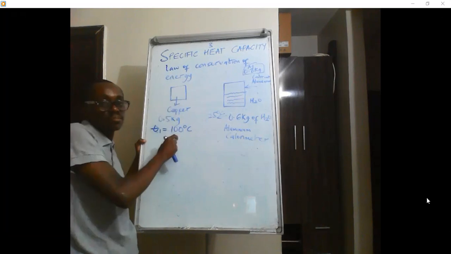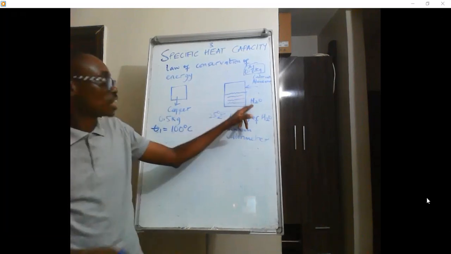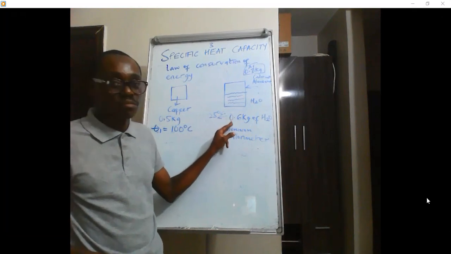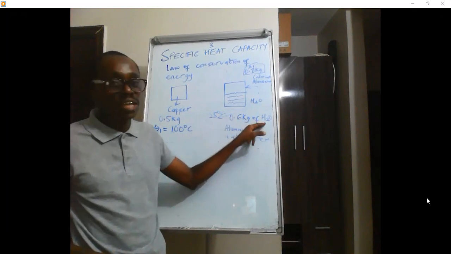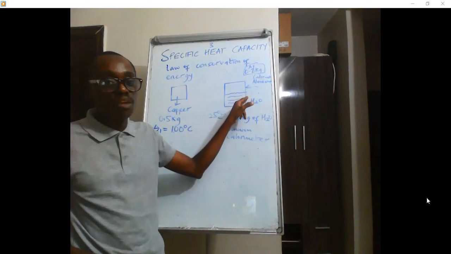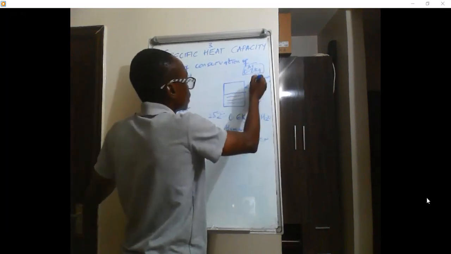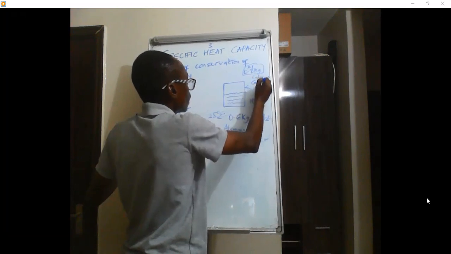This copper is at this temperature, and we have water at a temperature of 25 degrees Celsius. We have 0.6 kilogram of water in an aluminum calorimeter. Okay, let me still use a copper calorimeter. A copper calorimeter.